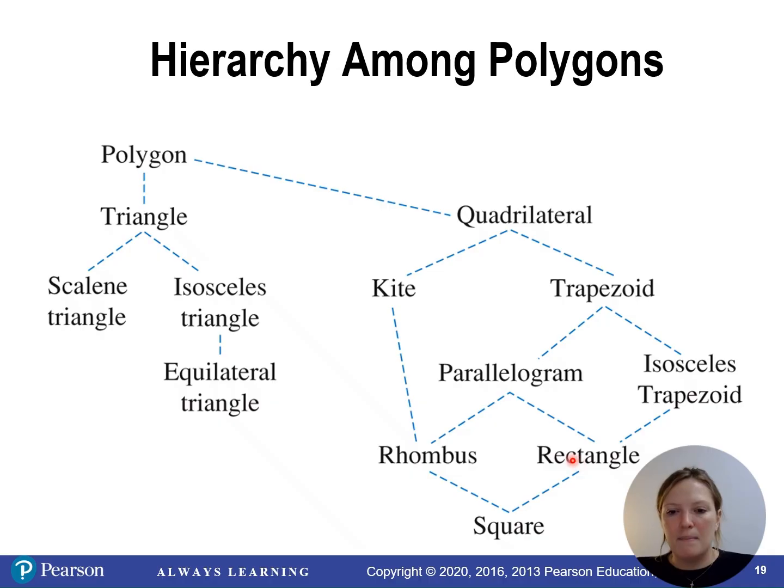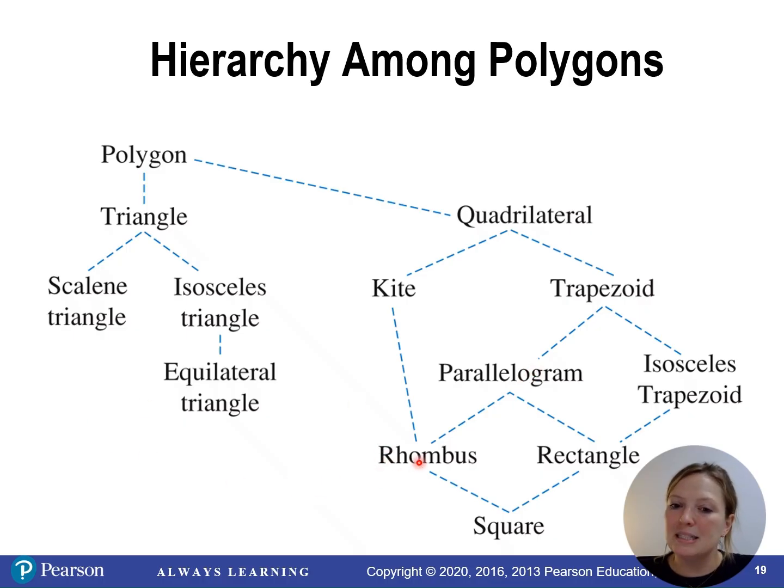Rectangles are those types of quadrilaterals that are both parallelograms and isosceles trapezoids. If we have a parallelogram with adjacent angles congruent, we end up with a rectangle. So rectangles are special types of parallelograms, and all rectangles are also isosceles trapezoids. Rhombuses have four congruent sides and pairs of opposite parallel sides, and are special types of parallelograms.